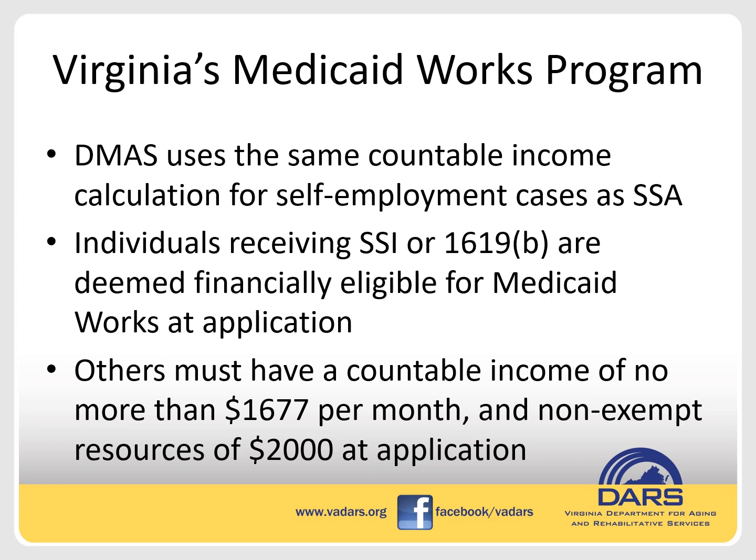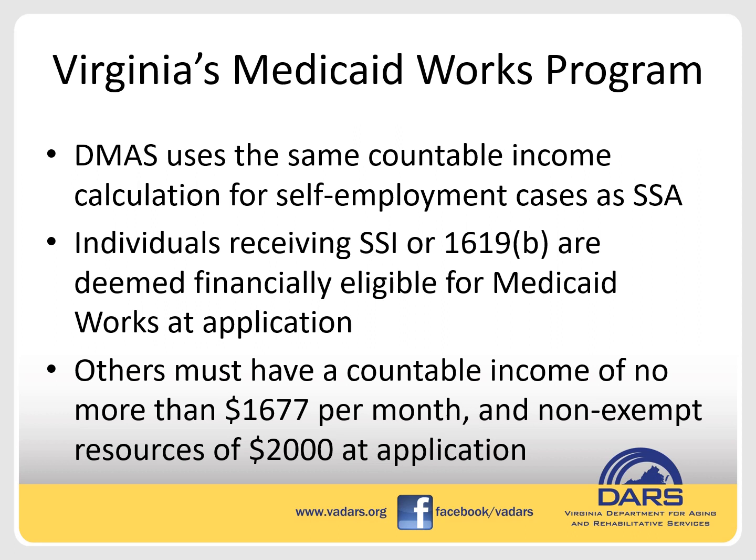So as you know, if you've been a WISA for a while, once a client is found financially eligible for Medicaid Works at application, they're employed, whether they're an employee or self-employed, they meet all the criteria, they can have countable earnings of up to $75,000 per year and have resources up to the 1619B income limit.